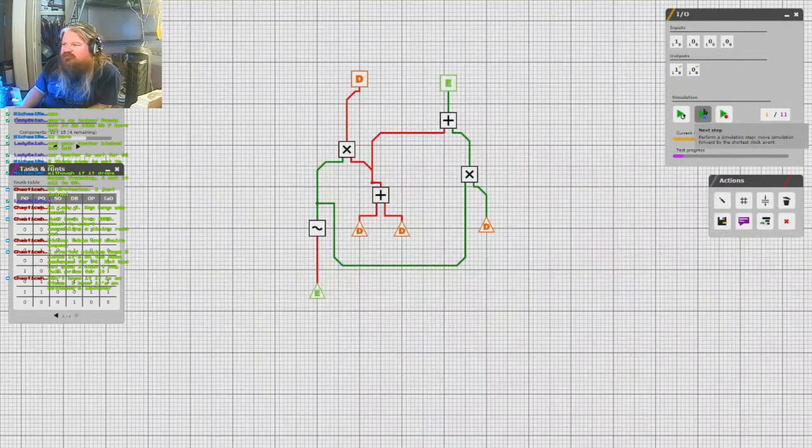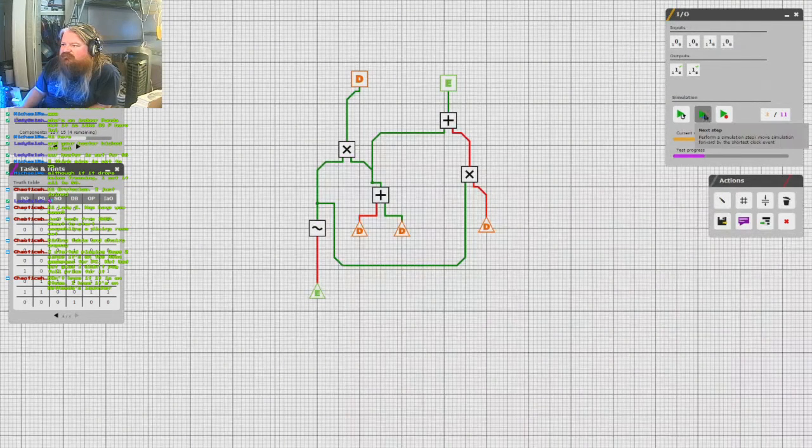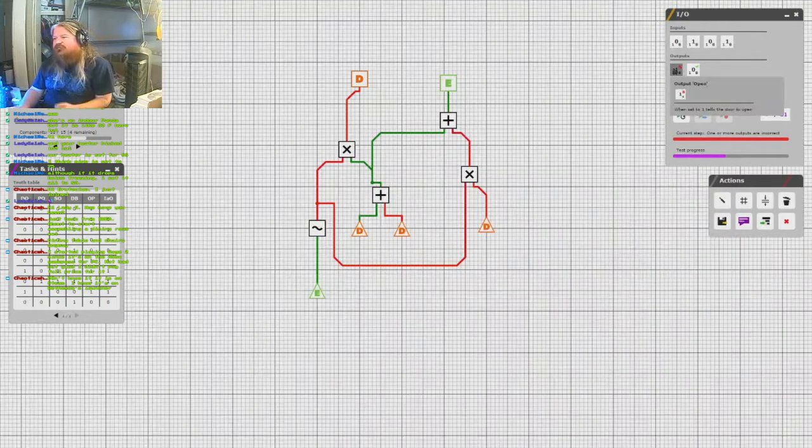Okay. Next step. We pass. We pass. We pass.